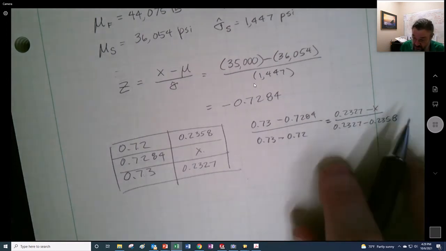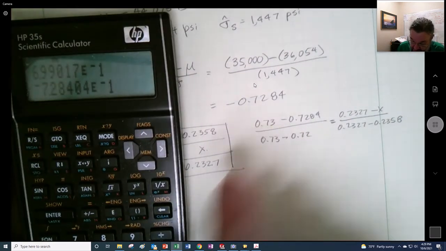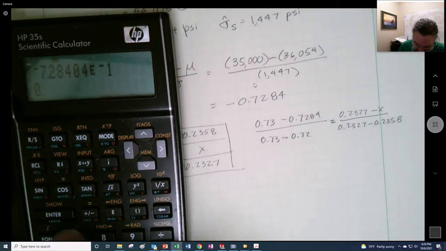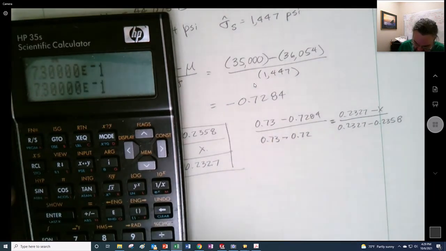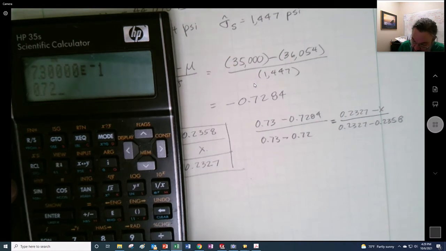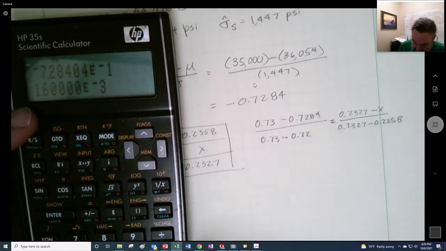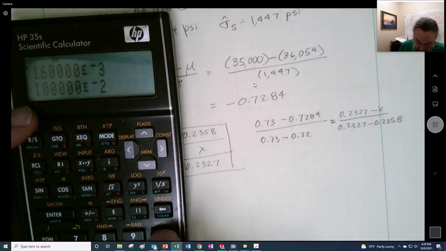So I can pretty much easily do this. Take 0.73 minus 0.7284 divided by 0.73 minus 0.72, obviously, duh.